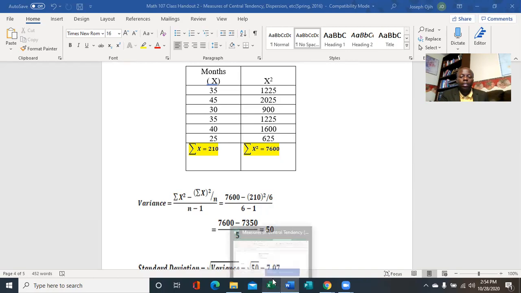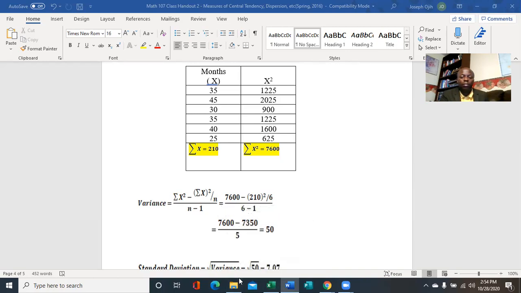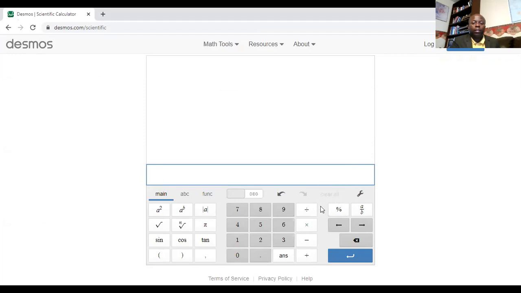Let me show you how you can get this part in the calculator. I have 210 squared divided by 6. Clear, 210 squared, divided by 6, which gives us 7,350.